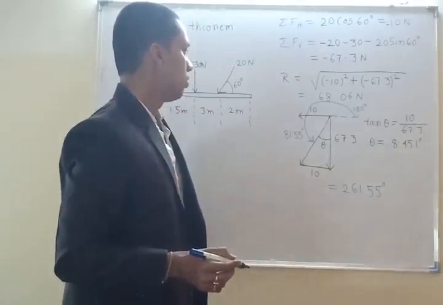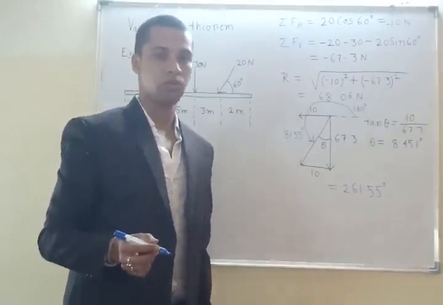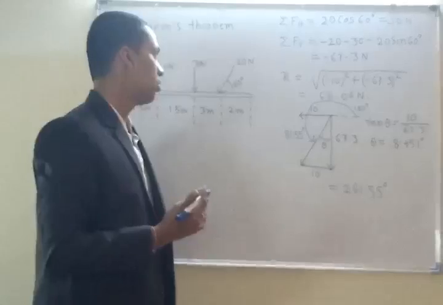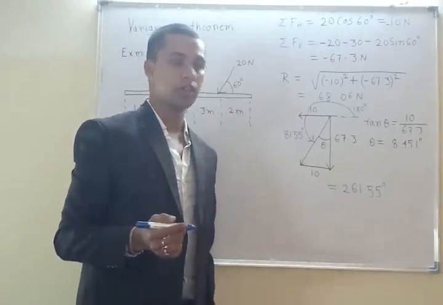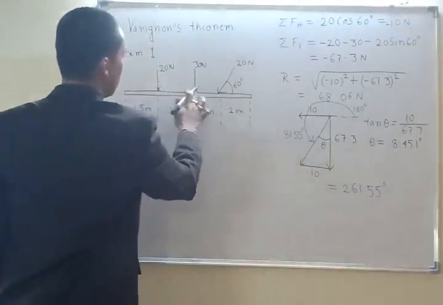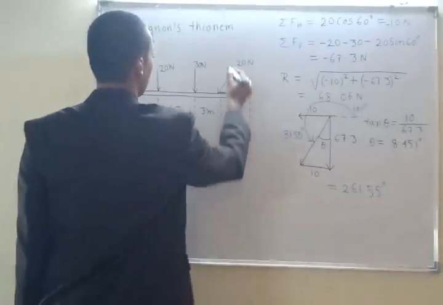After that, what we want is, what is the location of the resultant? So what we have found so far, where is the resultant? Resultant of all these three forces will be acting somewhere like this.